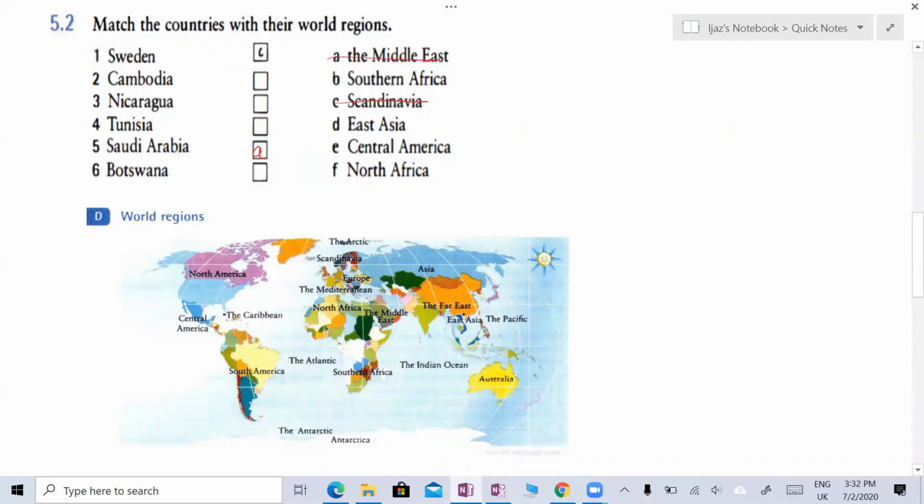Okay, let's choose another easier one. It depends which one you know that is easier for you. I know Botswana. Where is Botswana? It's somewhere in Africa.